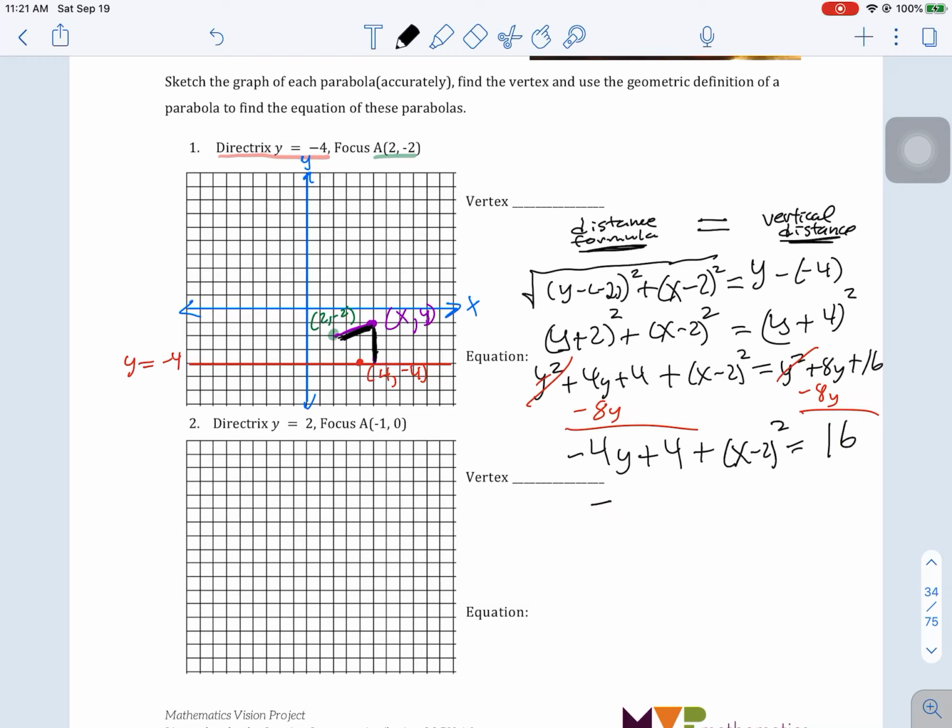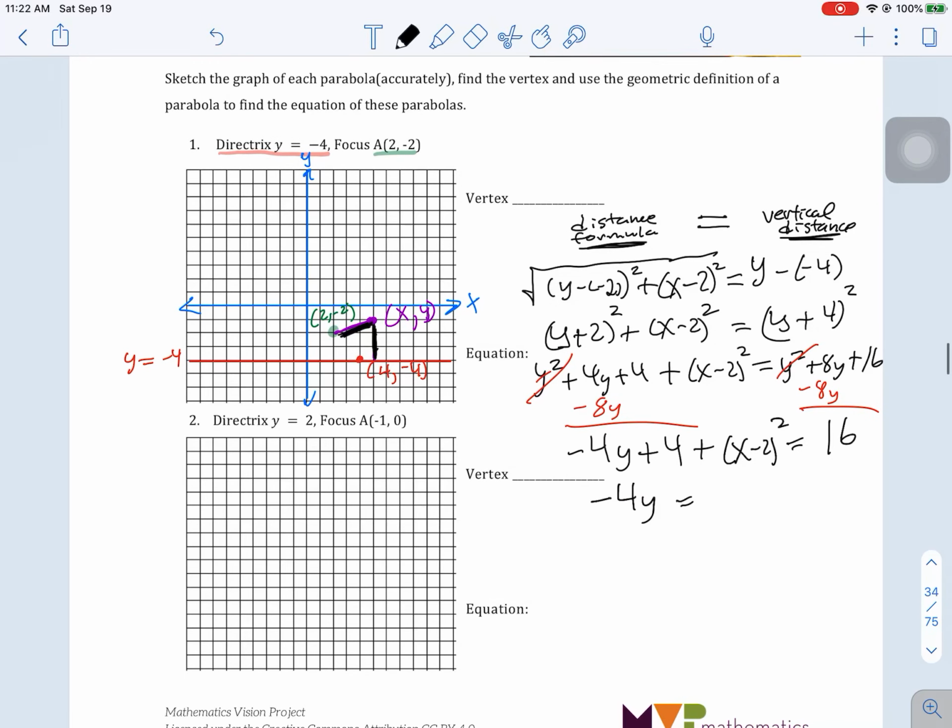And we can change that to -4y is equal to the opposite of x minus 2 squared, since we're going to subtract. And that should be plus 12, since we're going to subtract 4 from both sides.